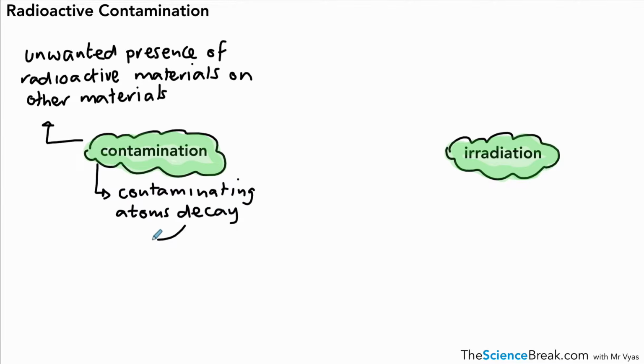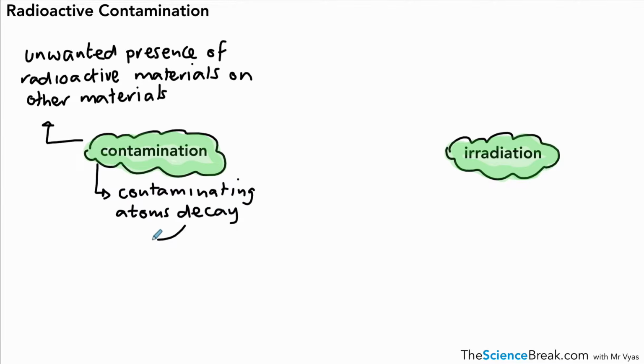One example is the Fukushima nuclear reactor disaster in Japan in 2011, and as a result of this disaster, we had the release of two particular radioactive isotopes. One was iodine-131, and the other one was something called cesium-137.